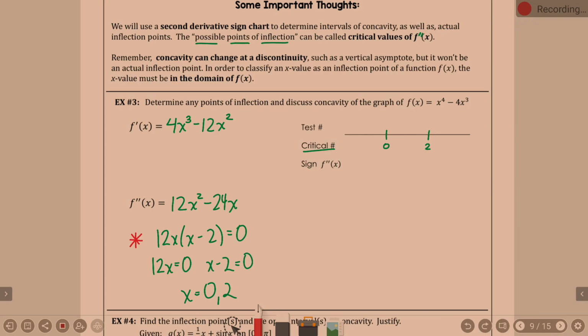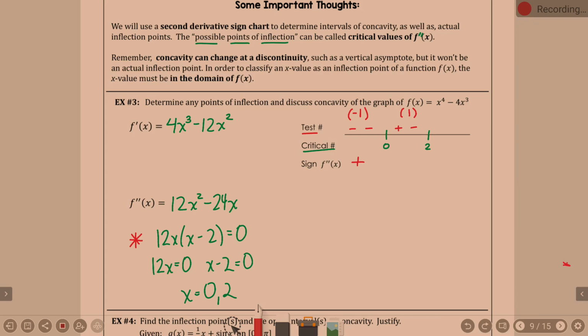If I pick a value left of 0, for instance, if I test, say, -1, for me personally, 12 times -1 is a negative. -1 minus 2 is a negative. And a negative times a negative is a positive. Between 0 and 2, I personally would pick to test 1. 12 times 1 is a positive. 1 minus 2 is a negative.